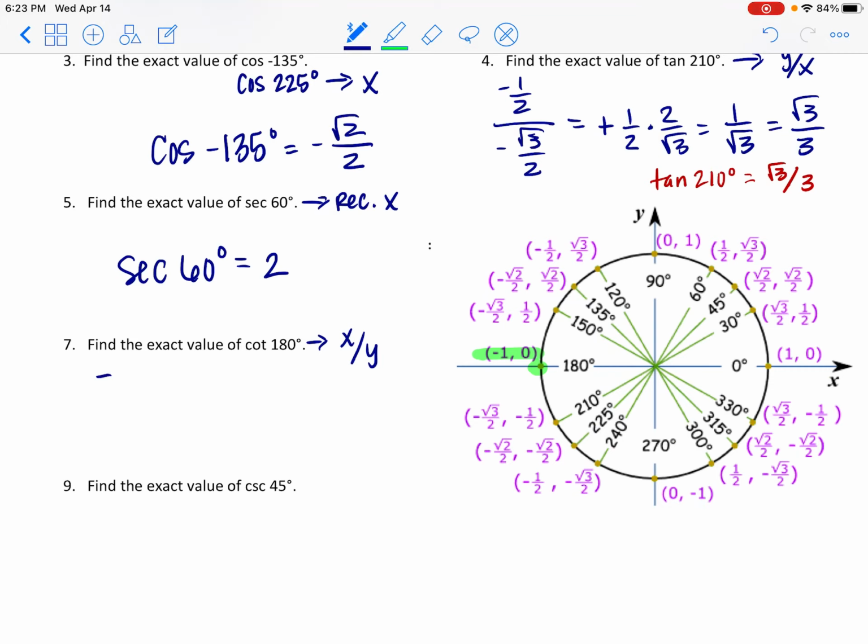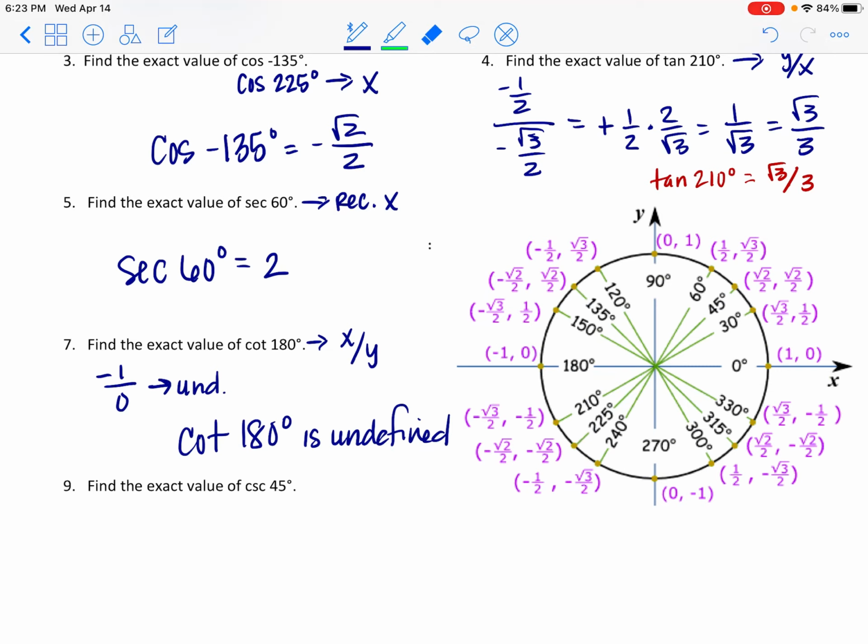The x value is -1, and the y value is 0, and 1 divided by 0 is undefined. So the cotangent of 180 degrees is undefined. And that can happen.